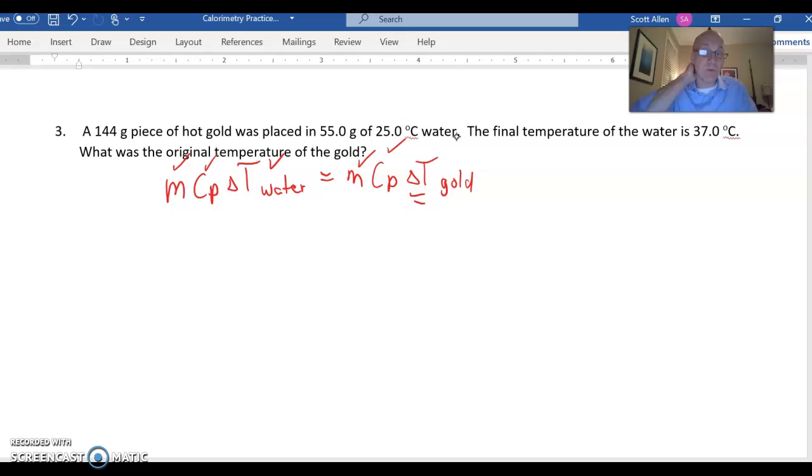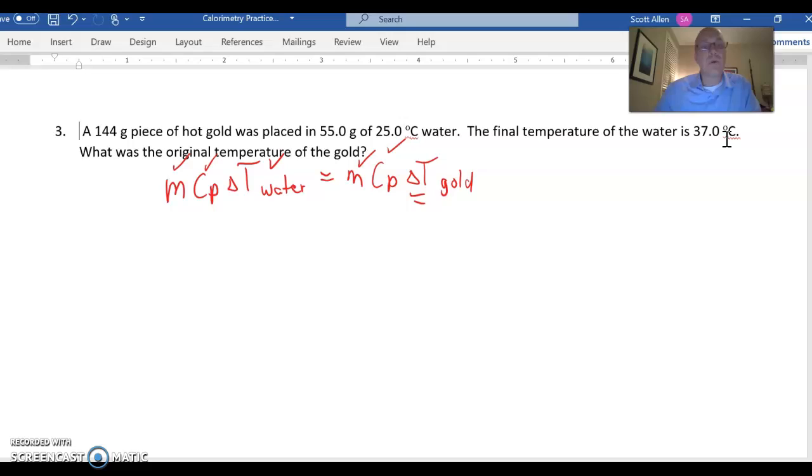All right, so if we can figure out how much the temperature changed by, we should be able to figure out what the original temperature is, because we know that the final temperature of the gold is going to be 37.0 degrees, because that's the final temperature of the water. And remember, the final temperature of the water is going to be the same as the final temperature of the substance that you're putting into the water.